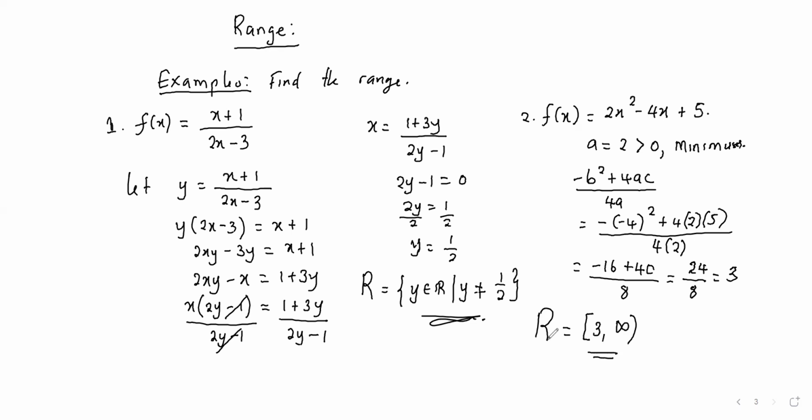So if we used x is equal to negative b over 2a, we are going to have negative negative 4 over 2 by 2, giving us 1. And then we would have come back to f and substitute the 1. So we get 2 by 1 minus 4 by 1 plus 5. It is going to be the same 3.